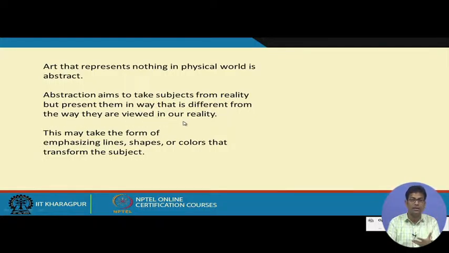The way we look at objects, we try to represent in a different way, and here the emphasis is many times on lines, shapes, colors and many other elements of design which transform your real subject. The way you see an object, here you are transforming that and representing it by some different mode, and that is what brings abstraction.